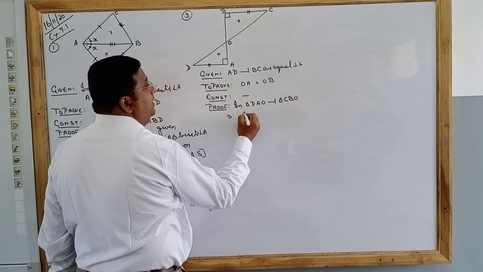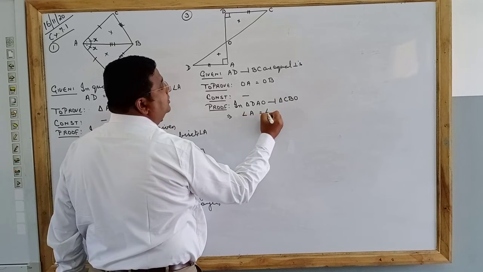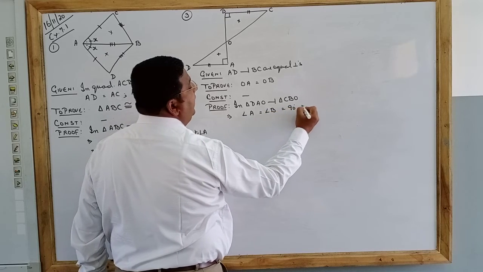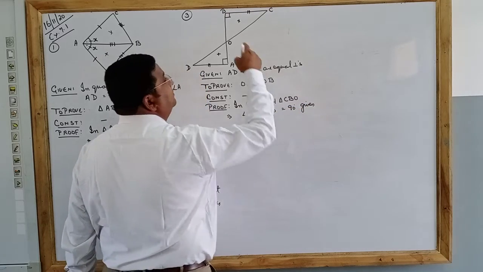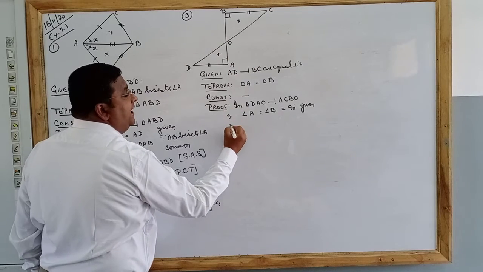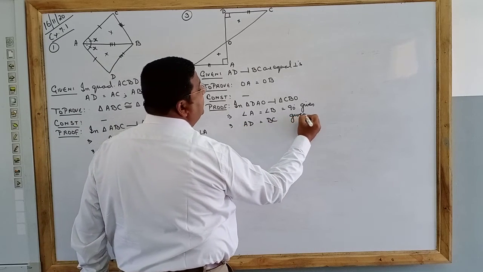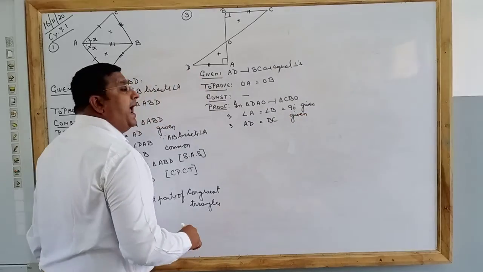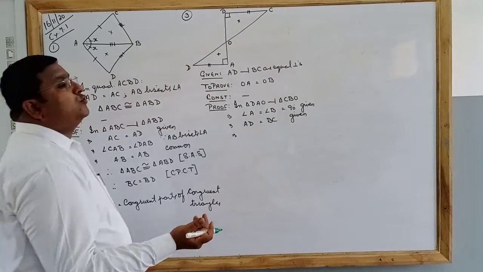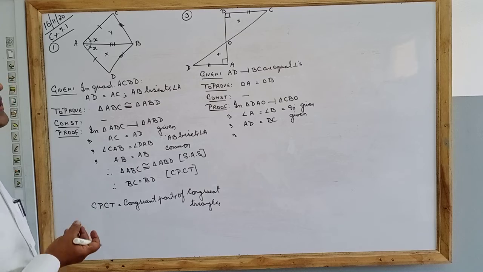CBO, angle A is equal to angle B is equal to 90, given to us in the question. Can you see that? It is marked. Then AD is equal to BC, that is also given to us in the question. And thirdly, now we have to look for an angle. Can you see?